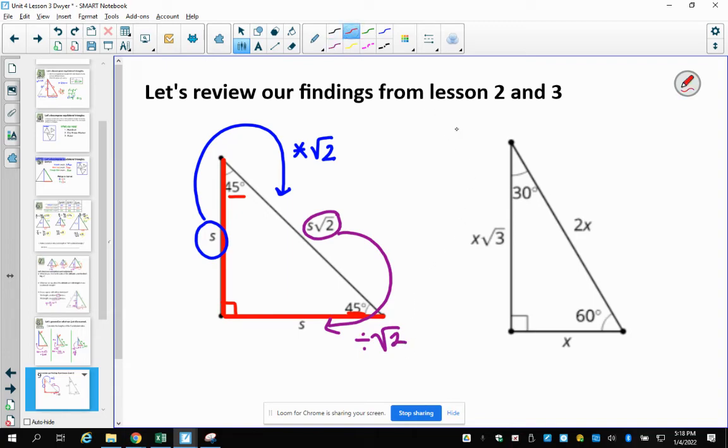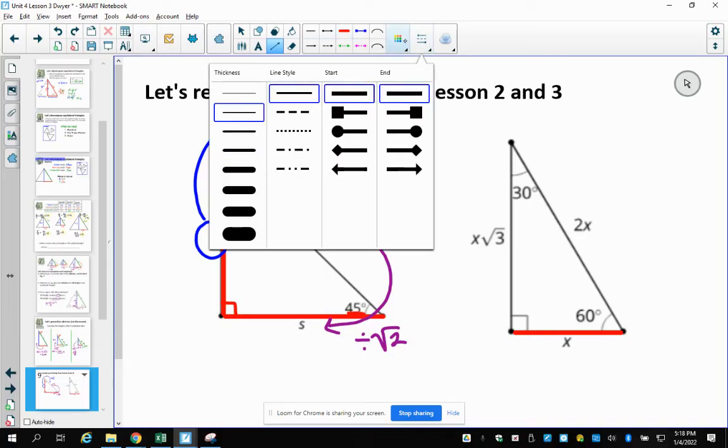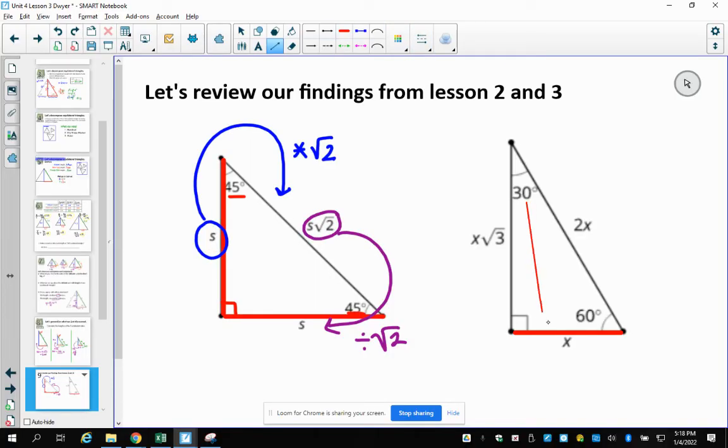Now, if we have a triangle that has a 30-degree angle, a 60-degree angle, and a 90-degree angle, then the proportions are slightly different. You've got the short leg, which is across from the 30-degree angle every time. Where you see the 30-degree angle, that short leg will be directly across from it.